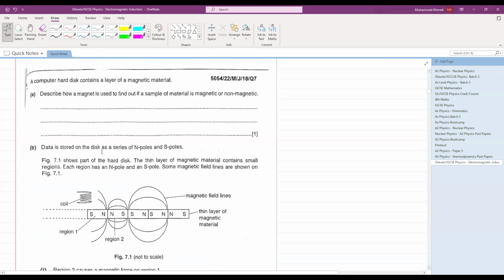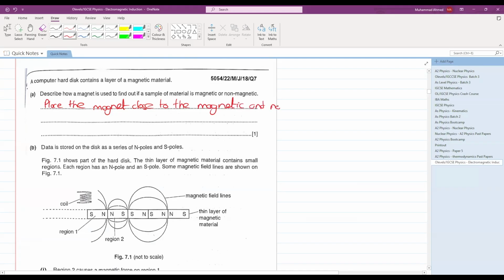A computer disk contains a layer of magnetic material. Describe how a magnet is used to find out if a sample of material is magnetic or not. So place the magnet close to the magnetic and non magnetic materials.